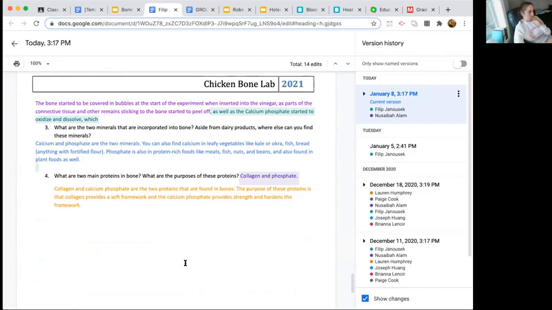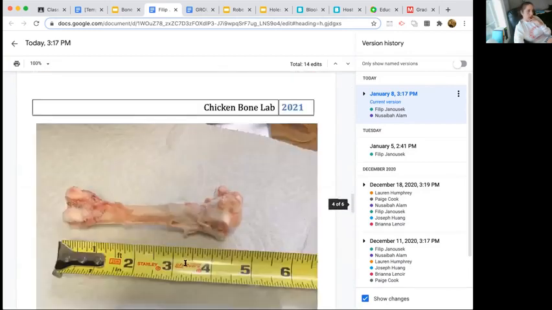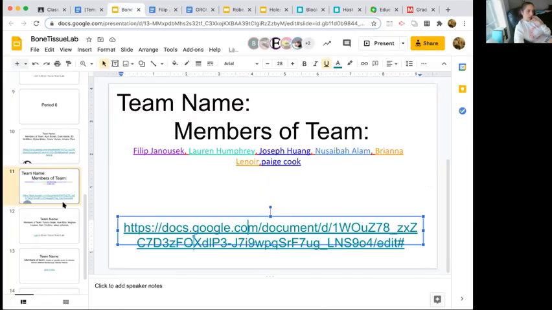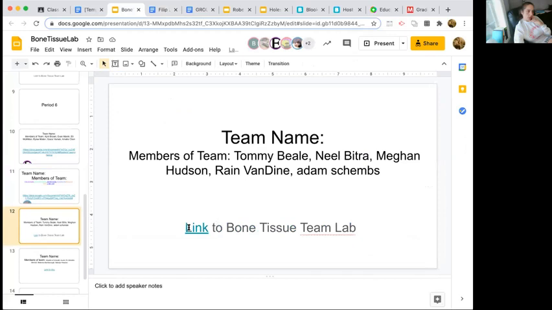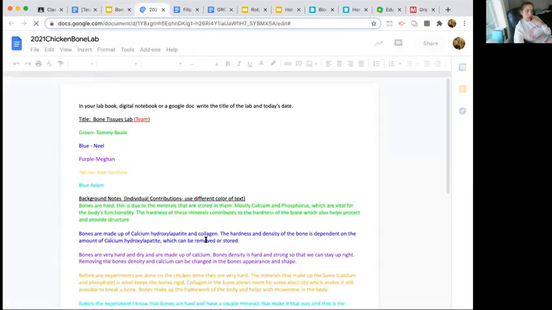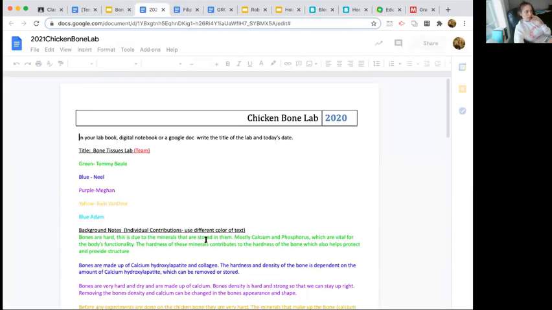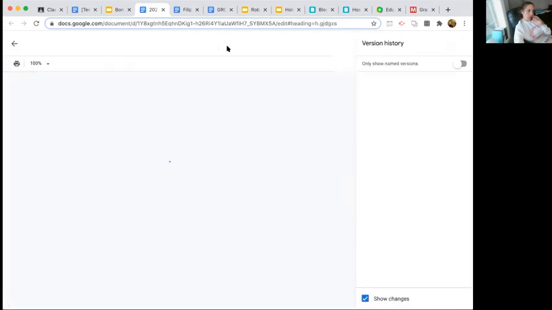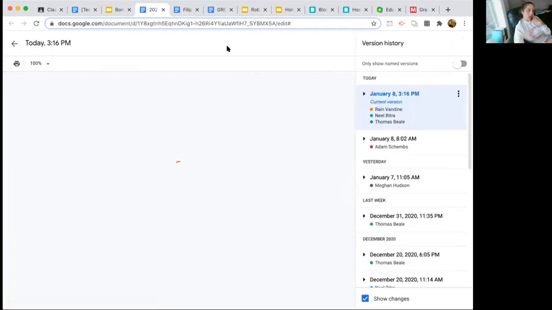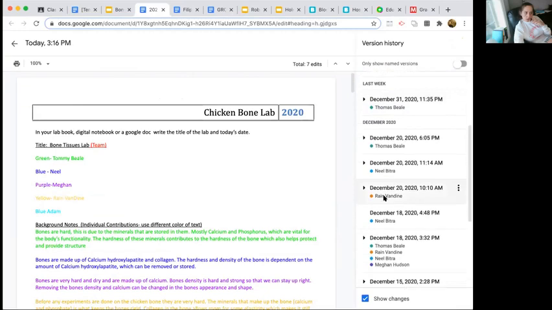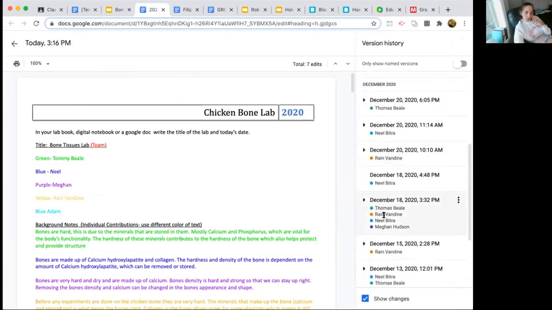Okay. All right, I'm going to check the next group. This is Tommy, Neil, Megan, Rain, and Adam. And also to make sure I have access, because sometimes you forget to give me access. Right, so on December 18th, I see Thomas, Rain, Neil, and Megan.